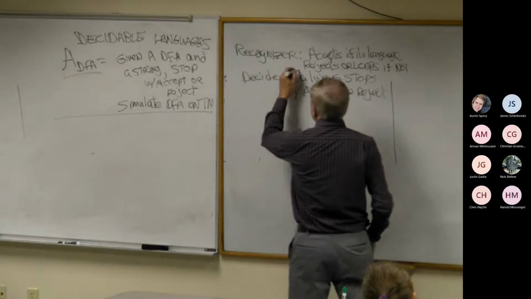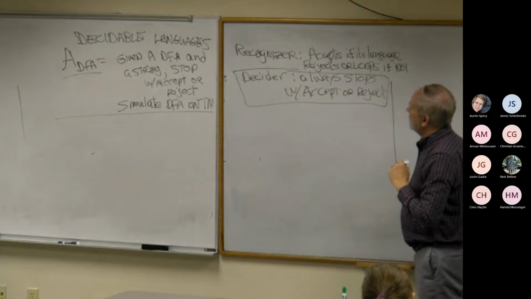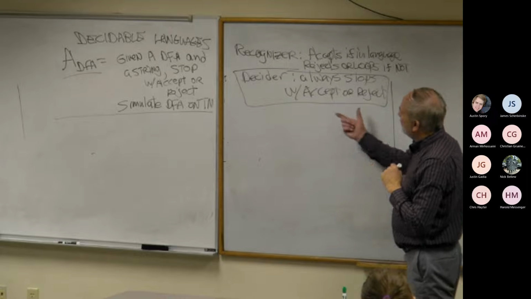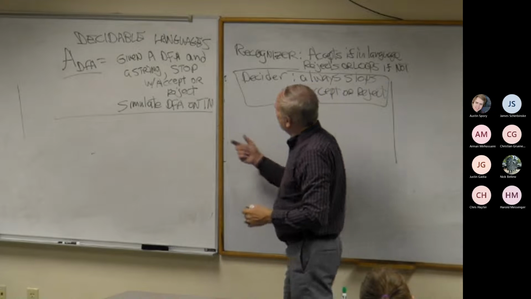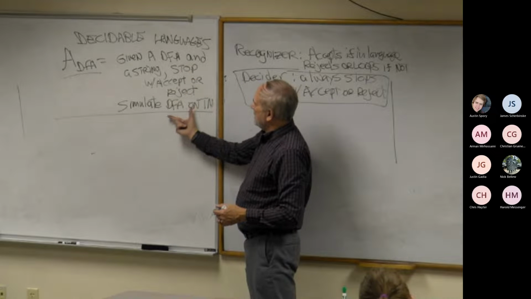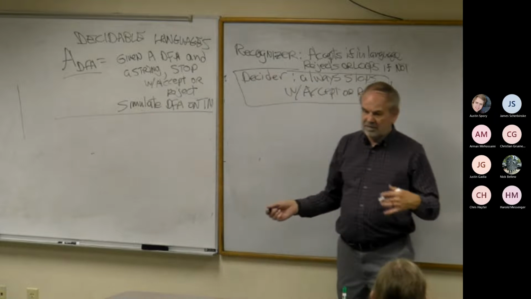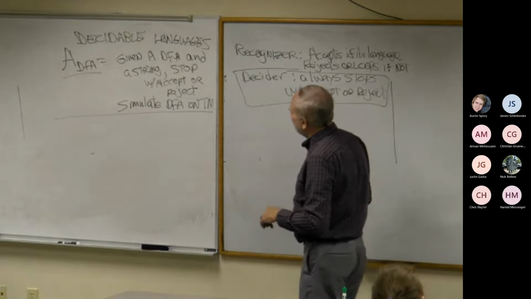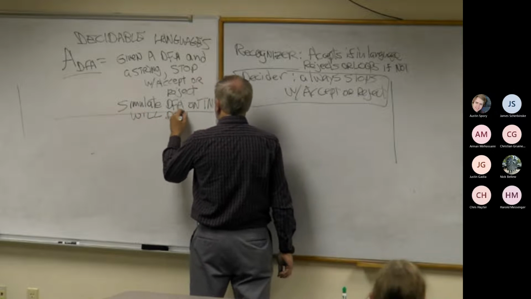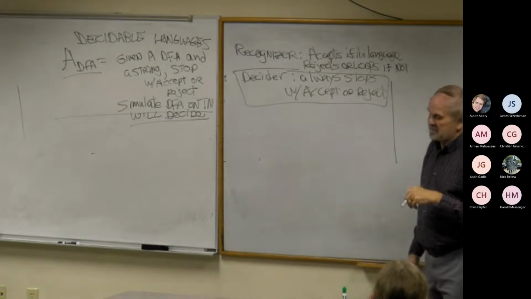So the decider always stops, and that's the key here. What we're really asking with each of these, to justify it, is how would we build a decider TM that would do this? We're guaranteed by simulating the DFA because the DFA would stop.